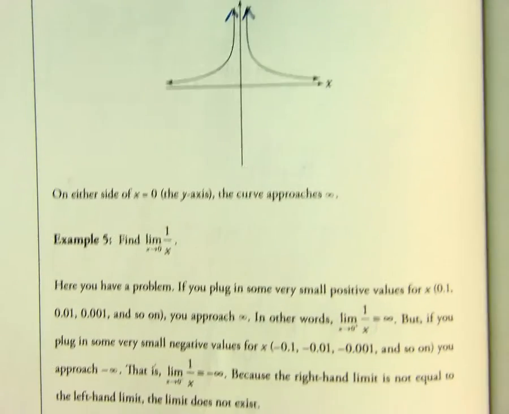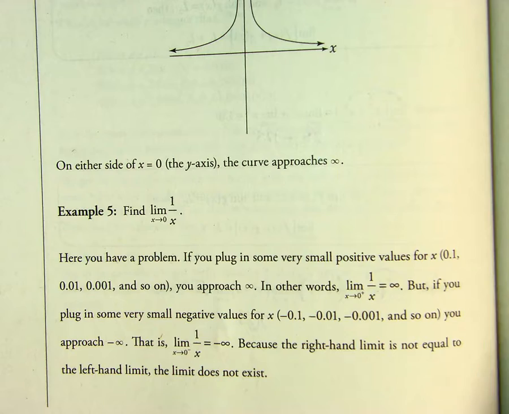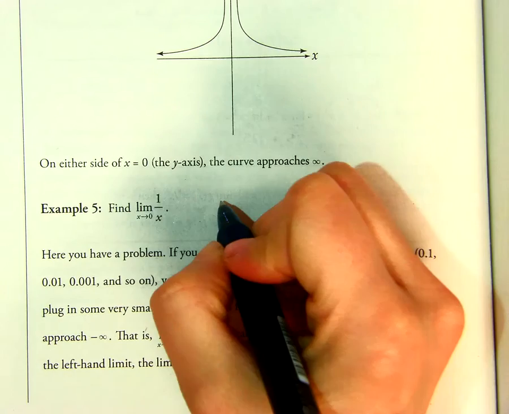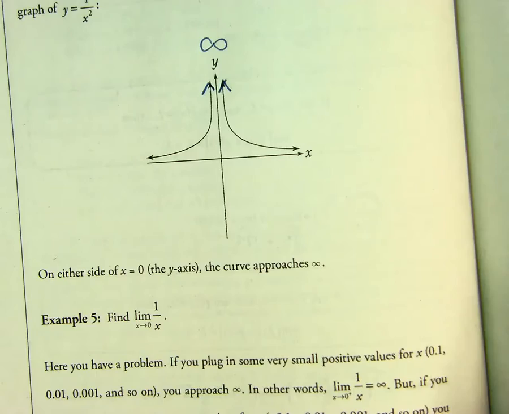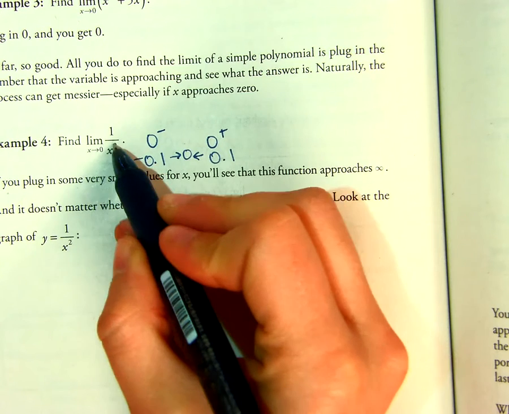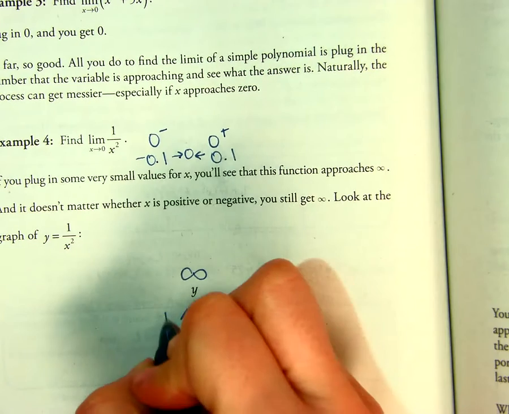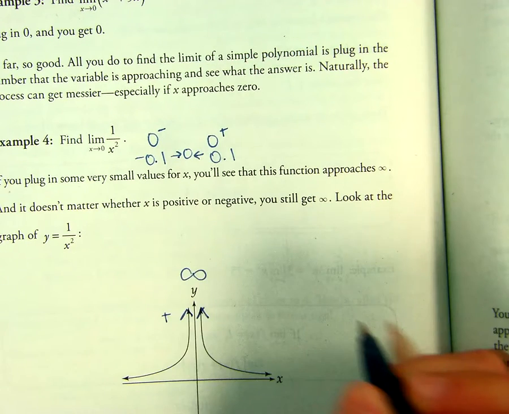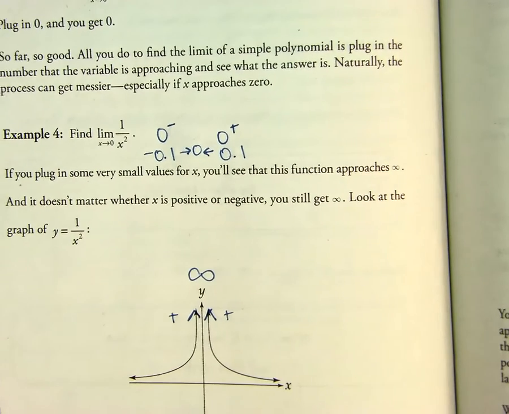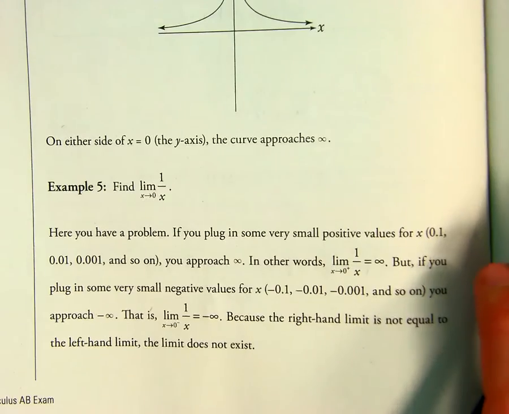Where you get into trouble is equations like this, where if we plug in 0 from the left, okay, let's actually clarify this. When you plug in a negative here, you square it, it turns to positive. So that's why it goes to positive infinity, and a positive divided by a positive is still positive. So that's why they both go to positive.